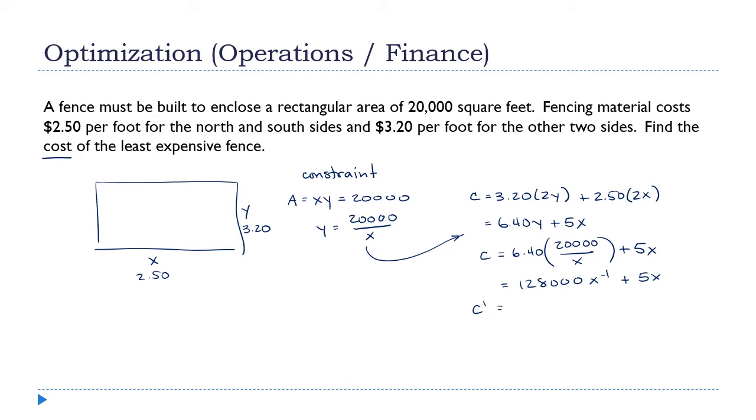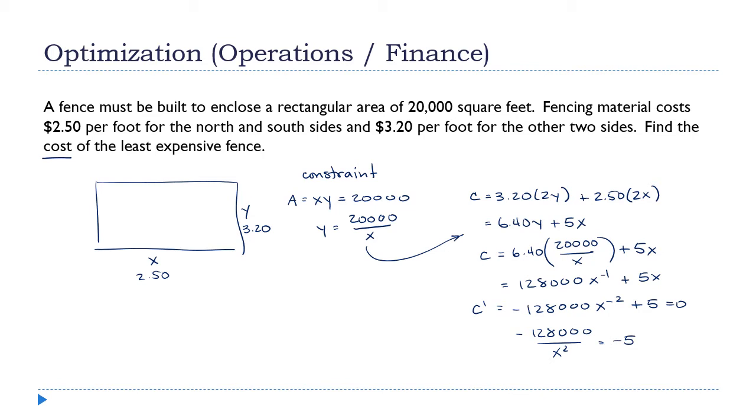C prime is negative 12,800,000 x to the negative second plus 500. And I need to set that equal to 0. And let's solve this for x. Negative 12,800,000 over x squared equals negative 500.